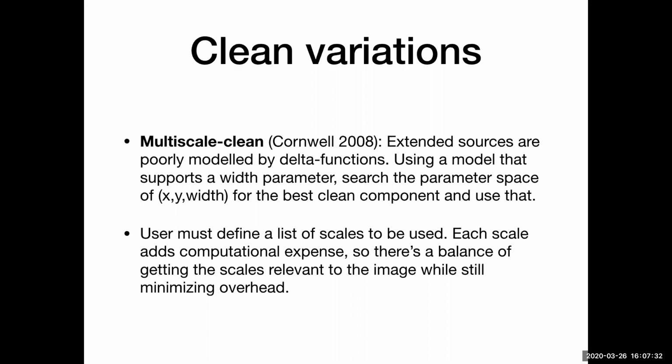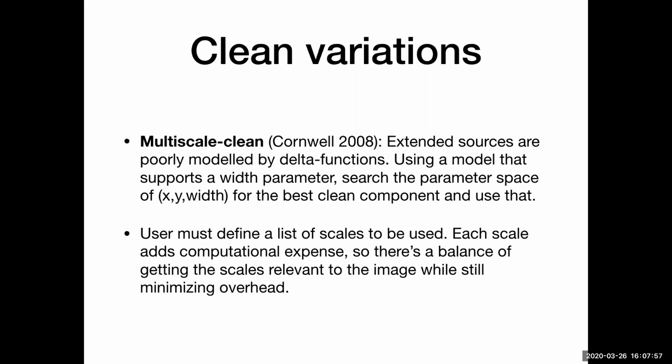The tricky bit with this is that you have to define a list of potential scales, potential widths, to be tested, because it's not going to explore the entire parameter space of possible widths. That's way too computationally expensive. And so the user specifies some list of model widths that it wants to test and use to build up your model image.